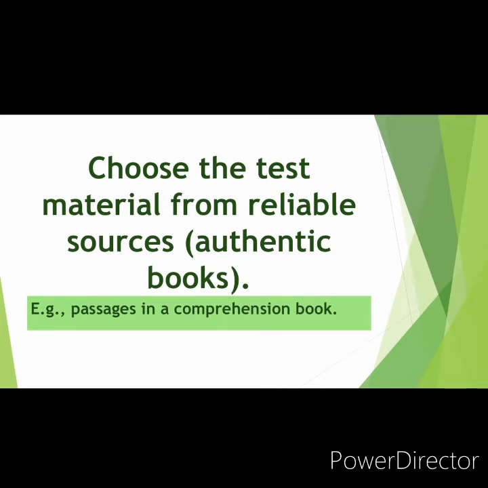Another point is to choose the test material from reliable sources, authentic books. For example, the passages in comprehension exams, if not taken from the textbook itself, should be chosen from reliable sources to guarantee their language, the grammar, the vocabulary, the spelling, and the information mentioned.